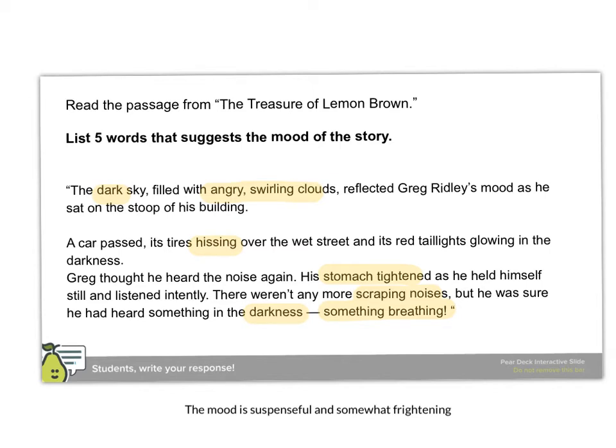There weren't any more scraping noises, but he was sure he had heard something in the darkness, something breathing. So in this particular passage, words like dark, angry, swirling, hissing, stomach tightened, scraping, darkness, breathing, that creates a very suspenseful and somewhat frightening mood. So that description of this place and what Greg is going through really creates a frightening mood.